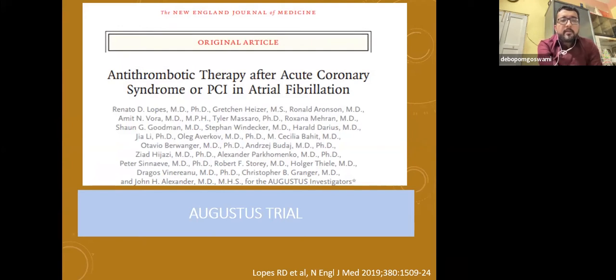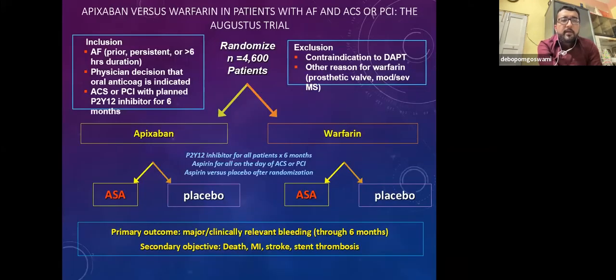Next slide. Now this study had apixaban versus warfarin in patients with AF and ACS or PCI. These patients were already on a background therapy of clopidogrel. Inclusion criteria were atrial fibrillation, physician decision that oral anticoagulation is indicated, and ACS or PCI with planned P2Y12 inhibitor for 6 months.